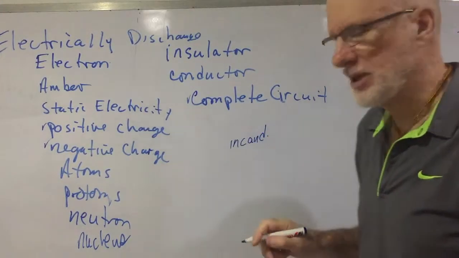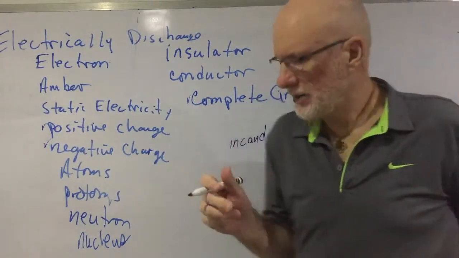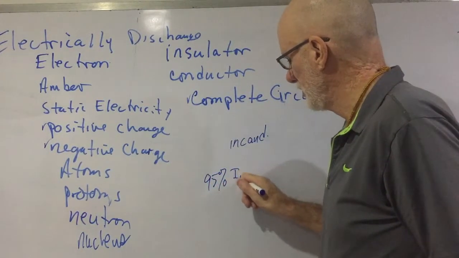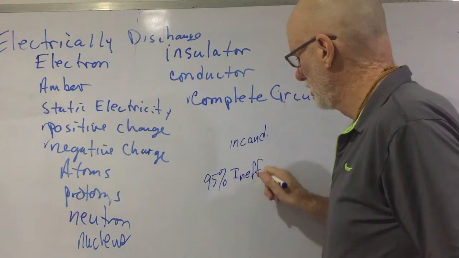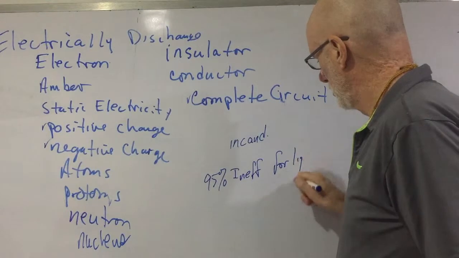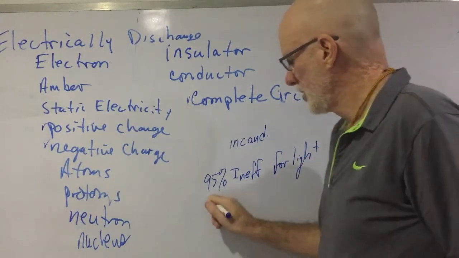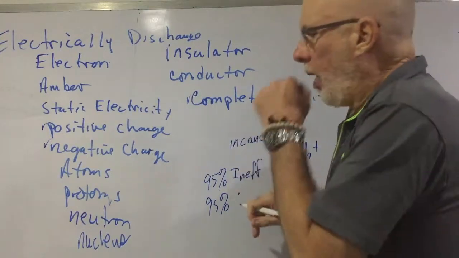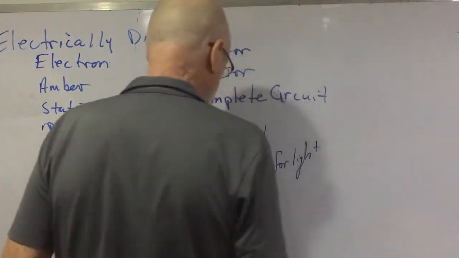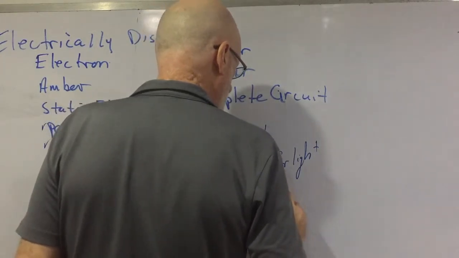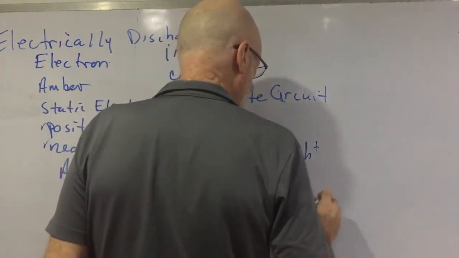Incandescent light bulbs. And they get so hot, they're 95% inefficient as a light source, but 95% efficient as a heat source.